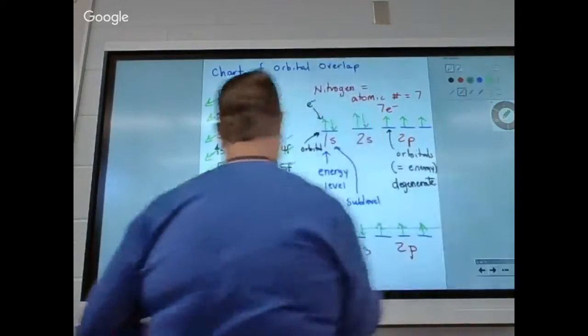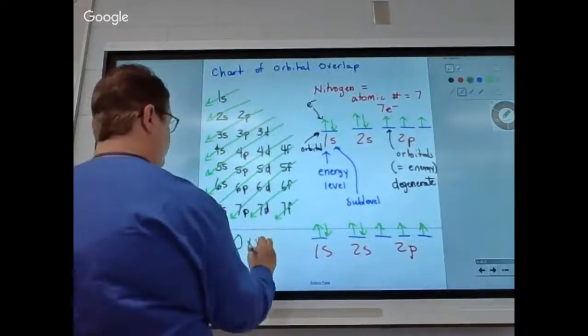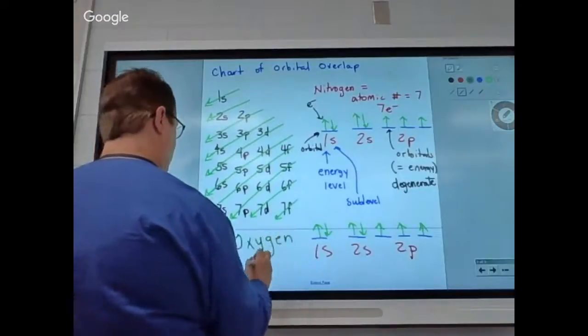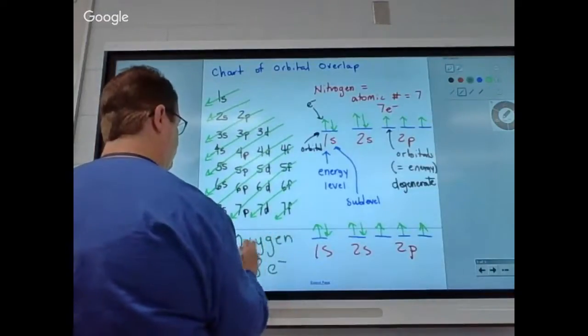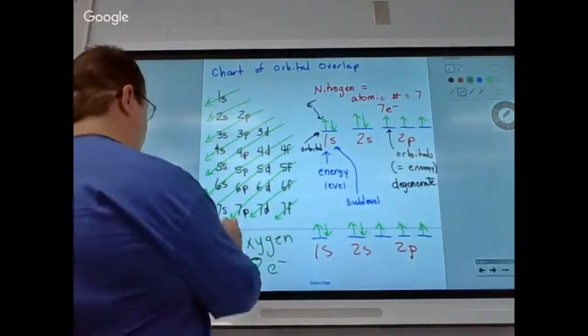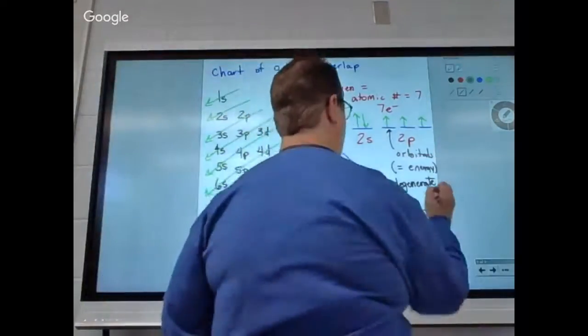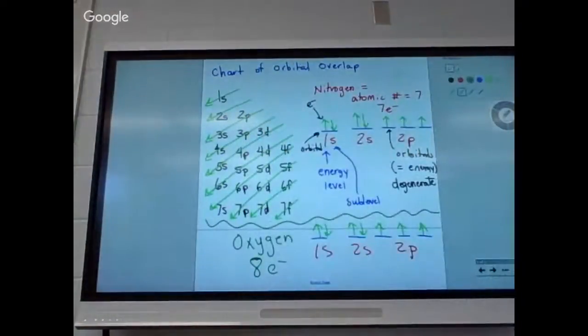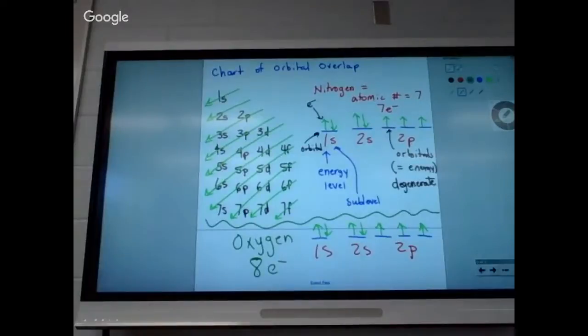All right, and I'm putting oxygen. It has 8 electrons. I'll let you catch up with what I just drew here. All right, oxygen has 8 electrons. So the question becomes, what happens with that 8th electron?